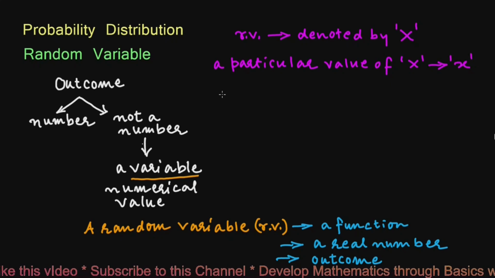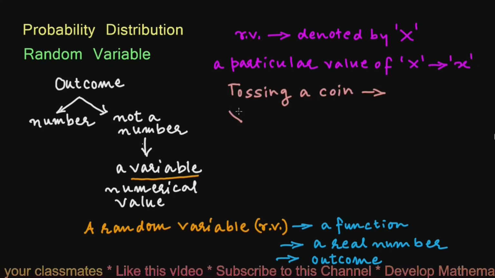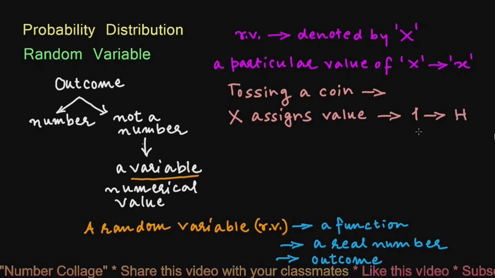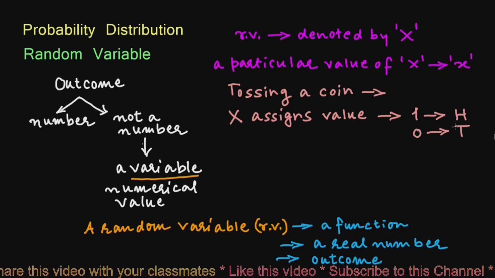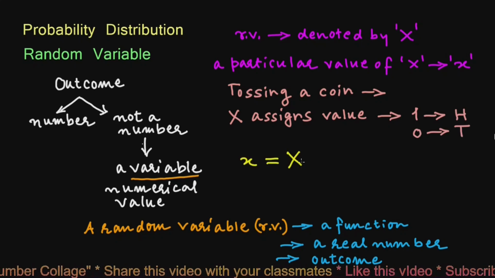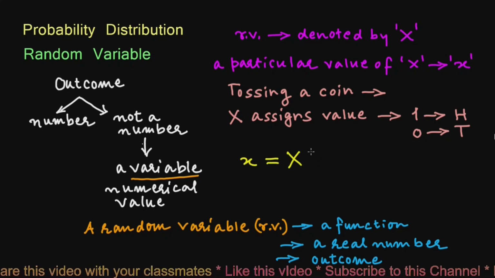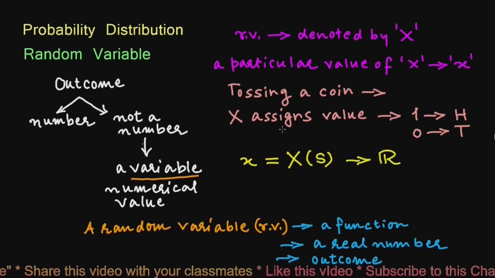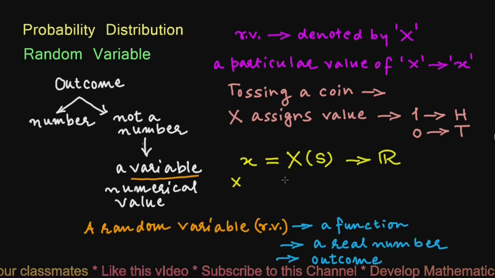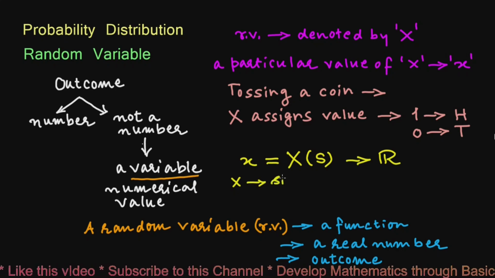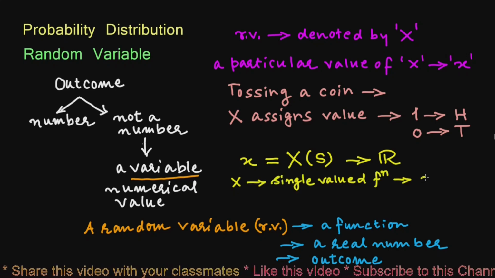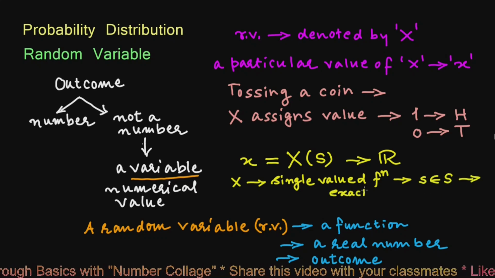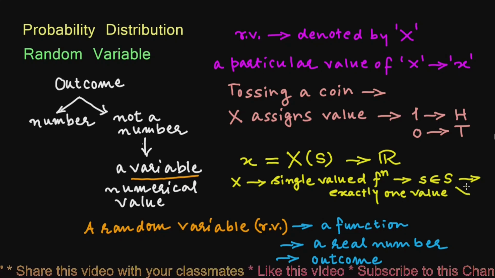In an experiment of tossing a coin, random variable X assigns value 1 to head H and value 0 to tail T. Thus, X is a real valued function from the sample space S to the set of real numbers R. Just like any other function, random variable X must be a single valued function, which means for every sample point s of sample space S, there corresponds exactly one value of random variable X.